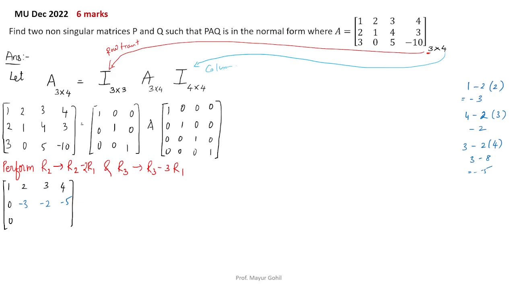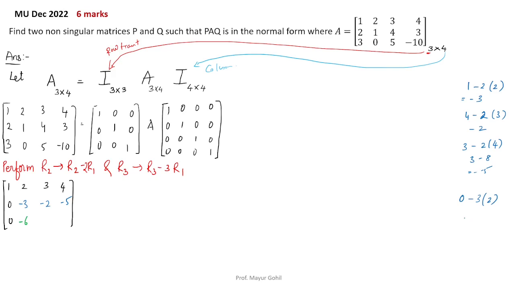So we have that. Now we go for the next one. Here we will have 0 minus 3 times 2, that is minus 6. So for that we will have minus 6 here.